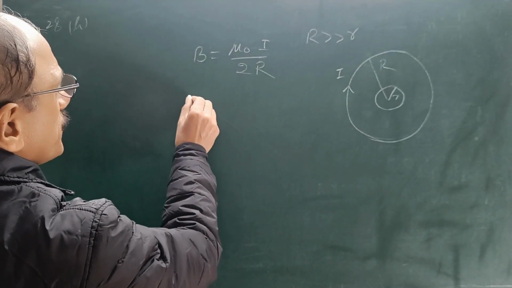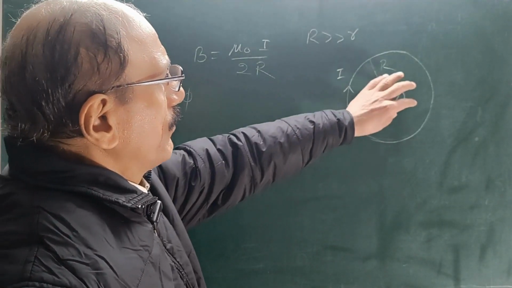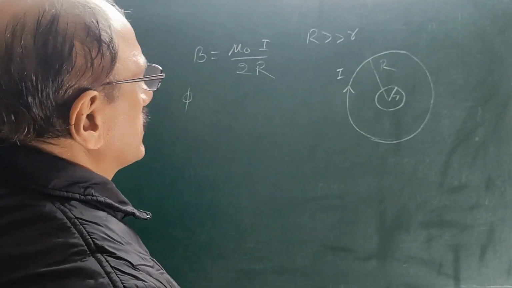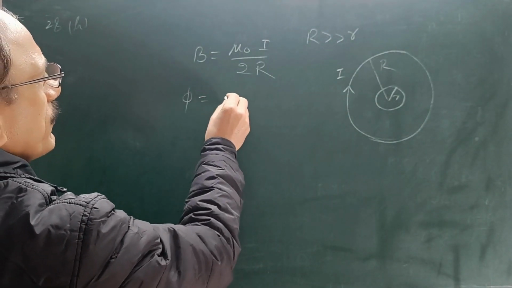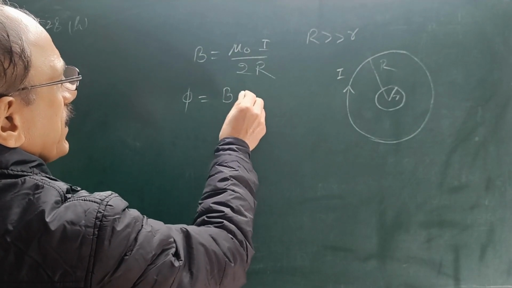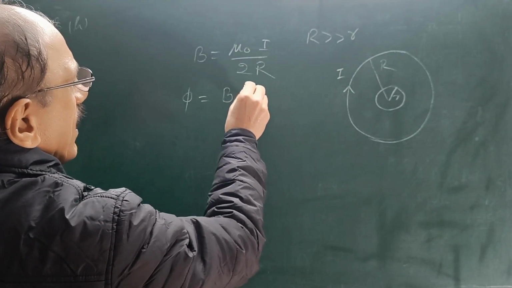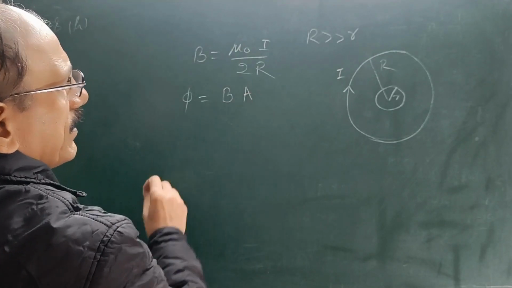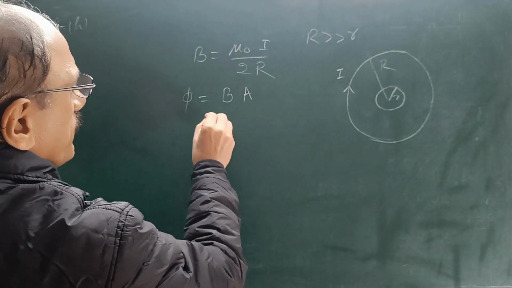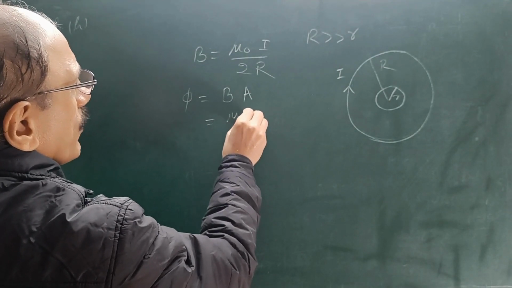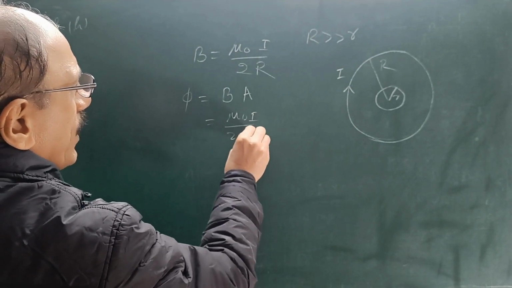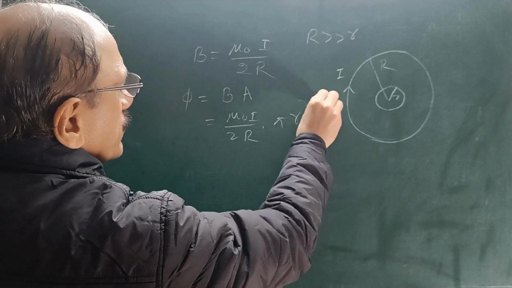The flux produced within this smaller loop will be equals to B into area of the small loop, that will be equal to mu naught I upon 2R into pi small r square.